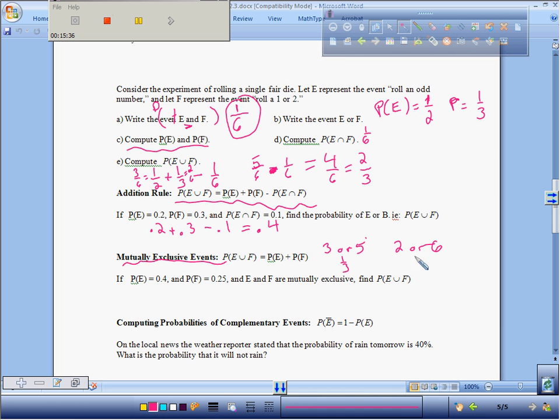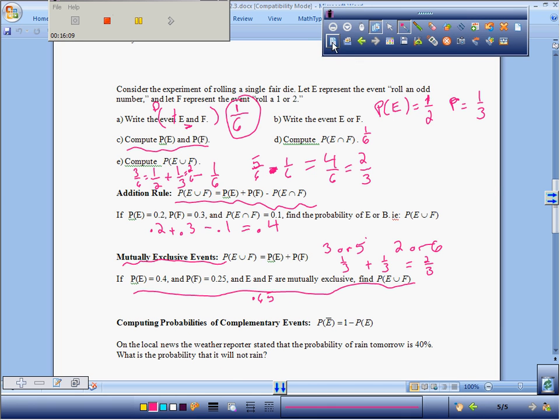And the probability of a 2 or a 6 would also be 1/3. You add those two together and you get 2/3, not 2/6. That's what it means to be mutually exclusive. So in this case, it'd just be 0.4 plus 0.25, or 0.65.